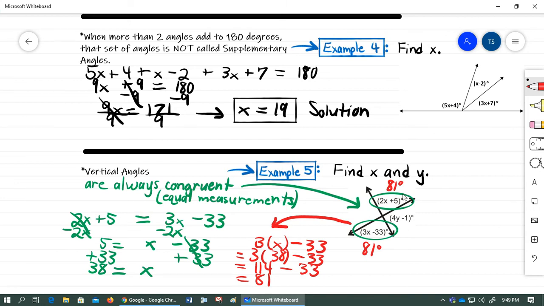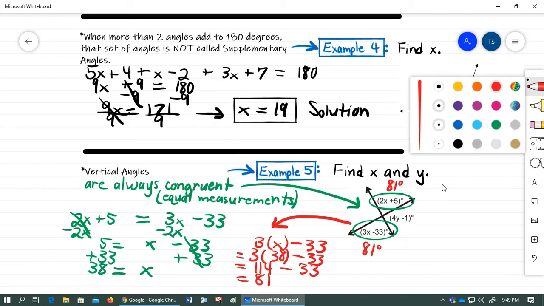Now that we know the measurements of those two vertical angles, let's find another color here, because I'm trying to color code this so y'all aren't confused by what we're doing.